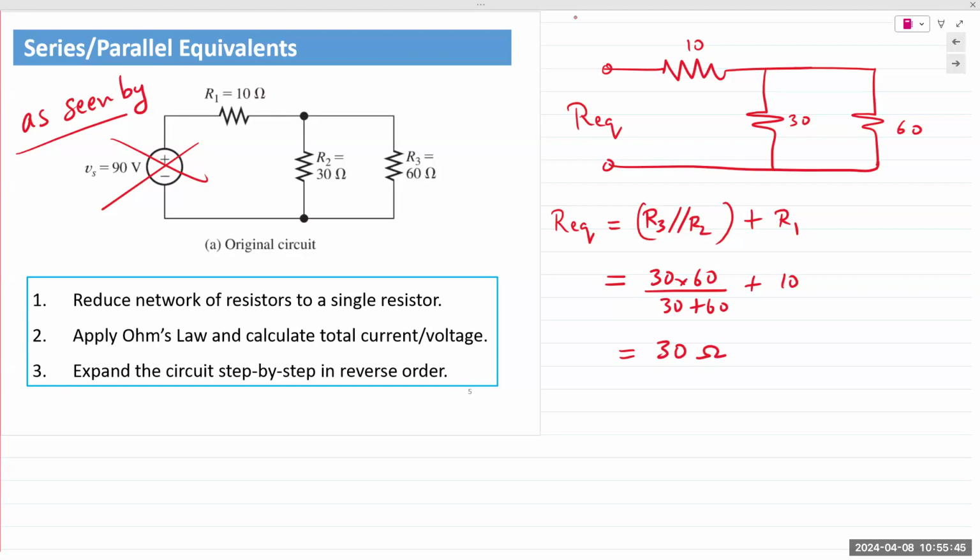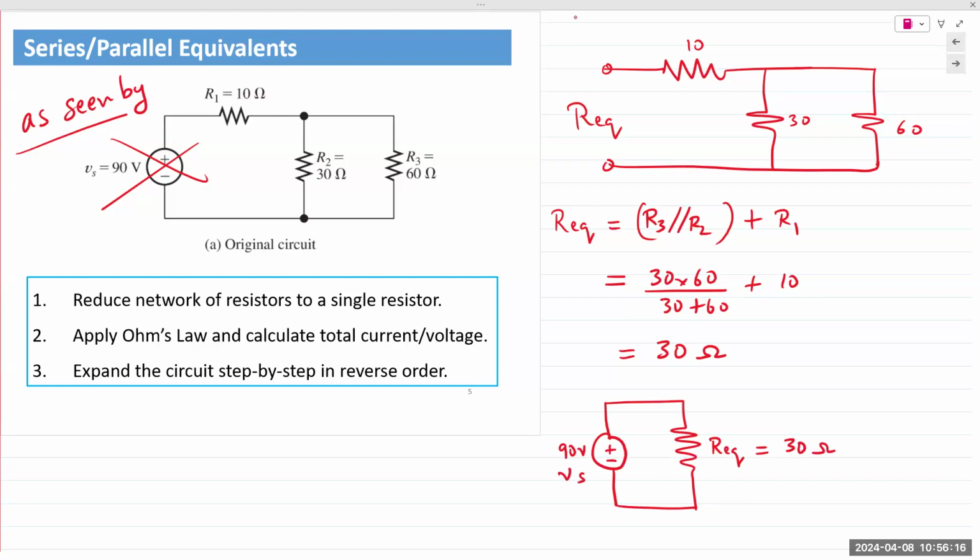Now I plug the voltage source back in. So 90 volts, and this is noted as VS. This is Req, which is 30 ohms. And for the voltage source, which direction is the current going?